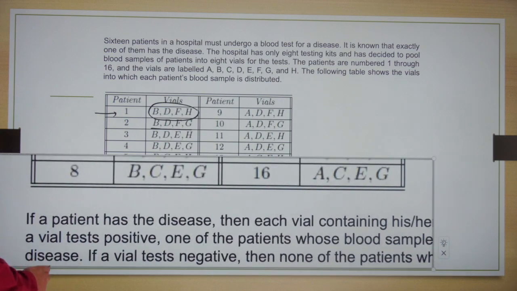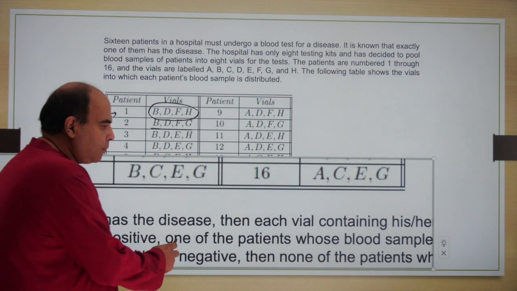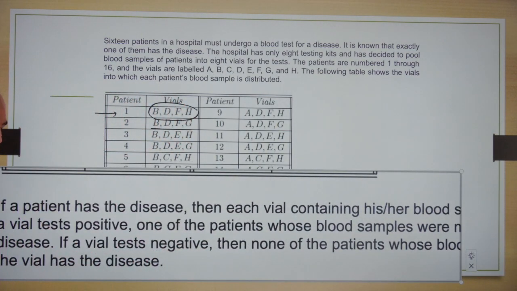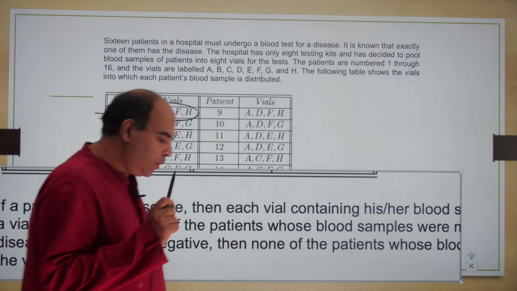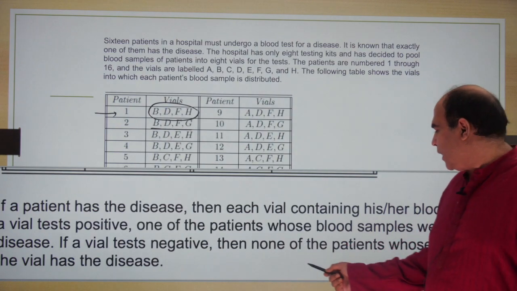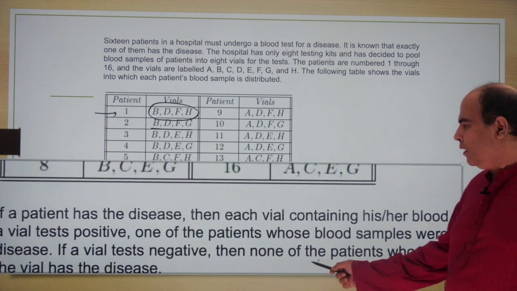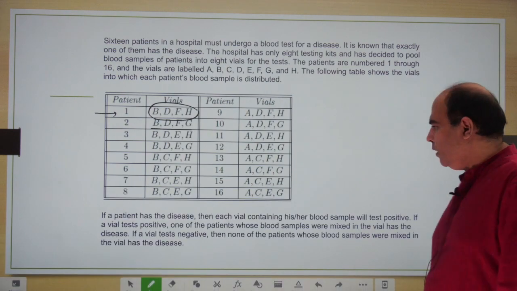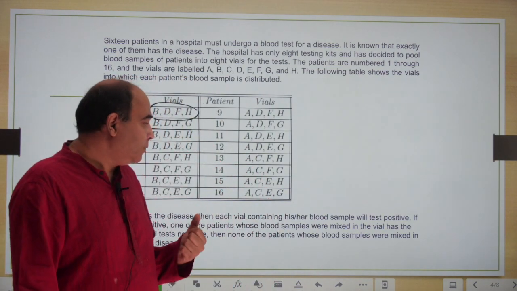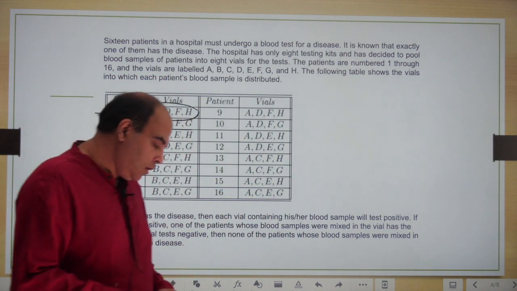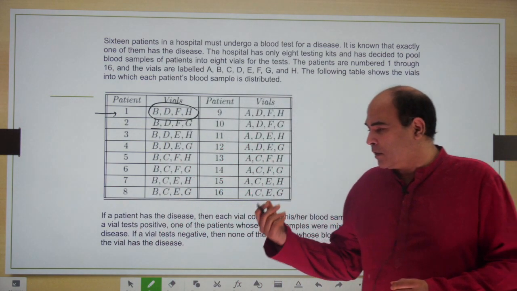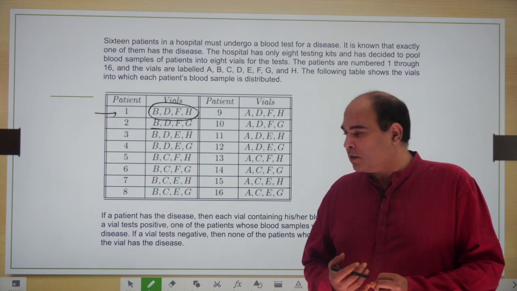If a vial tests positive, one of the patients whose blood samples were mixed in the vial has the disease. Please remember, in this question it tells us that there is only one patient who has the disease, right? If a vial tests negative, then none of the patients whose blood samples were mixed in the vial has the disease. So this is pretty logical, and you can read that part, and I hope you can also download this question from the slot 3 of CAT 2020. Do try to take this question on your own before you watch my solution.